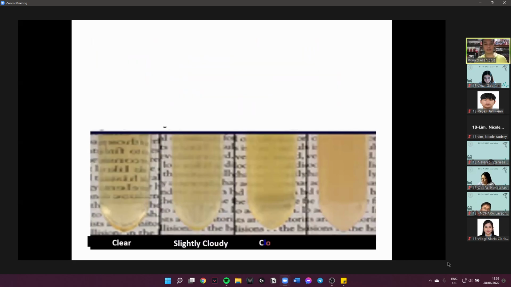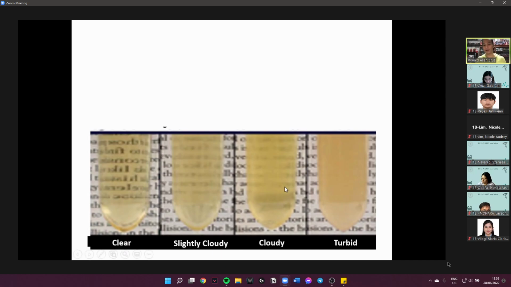Okay, so for the transparency, what you do is you place a urine sample in a clear test tube and you put, let's say, a newspaper or any text behind it. So if you are able to read, no, through your specimen, then it's clear. So, syempre, kung medyo cloudy na siya or slightly cloudy, you could barely see the text, no?